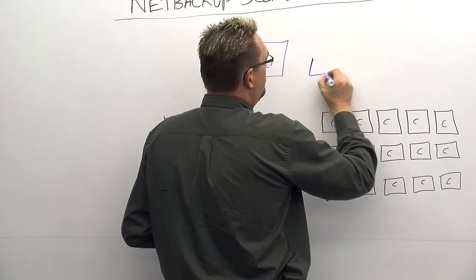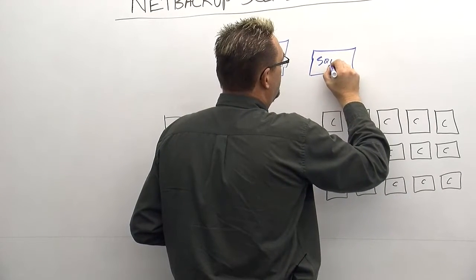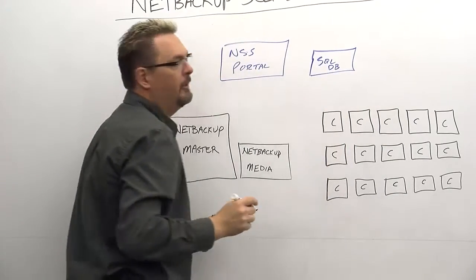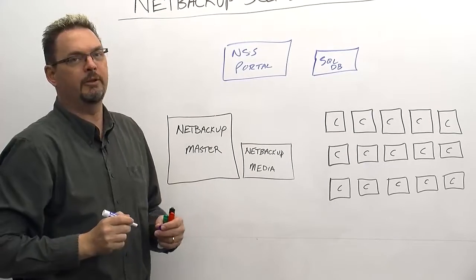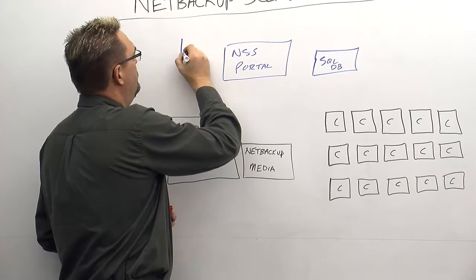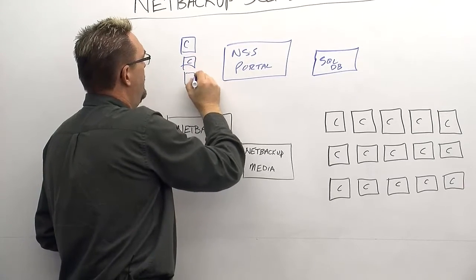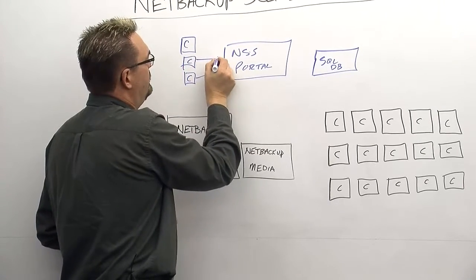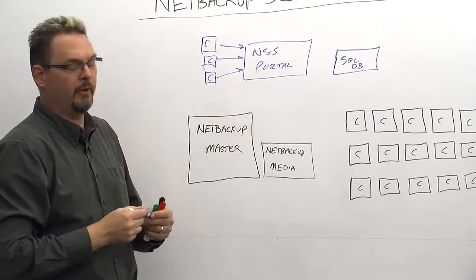In addition to the portal, we actually have to have a separate server, and I'm simply going to call this SQL database server. It is a separate server. It's something that the portal talks to store information. And then we're also going to have what I'm just going to call some systems out here that use web interfaces to talk to the portal. I'm going to talk about these a little bit more in a second.